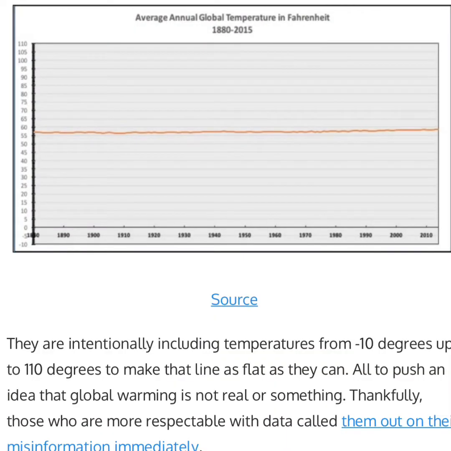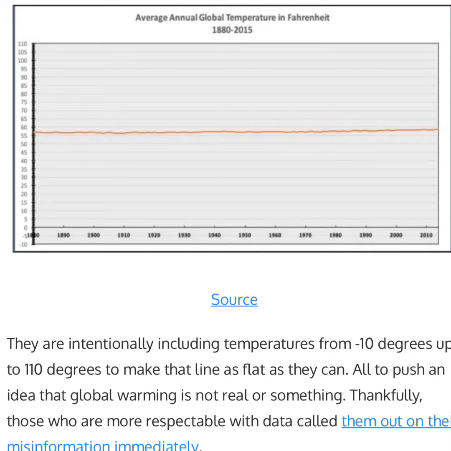This graph shows the average global temperatures in Fahrenheit. If you look at it, it shows, oh wow, from 1880 to 2015, there has not been a lot of temperature change. Nothing at all. Why are people talking so much about temperature changes and climate change?